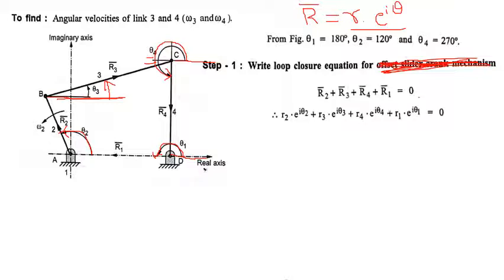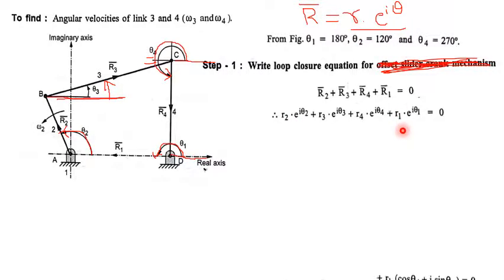Therefore R2 can be written with magnitude small r2 and direction e to the power of i theta 2. Similarly we write the R3, R4 and R1 vectors, each in the form of magnitude and direction.